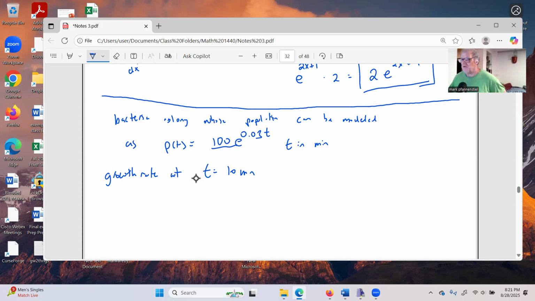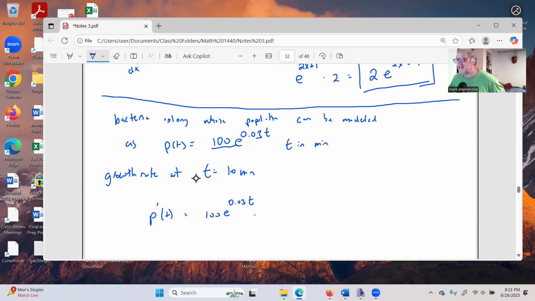Okay, so what's the growth rate? We have to take a derivative. So P prime, the growth rate of this bacteria, is going to be this derivative. That's going to be 100 e to the 0.03 t, because that's the derivative of my exponential function. And now I need the chain rule.